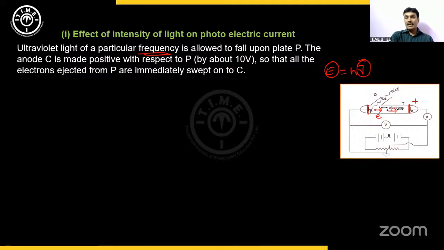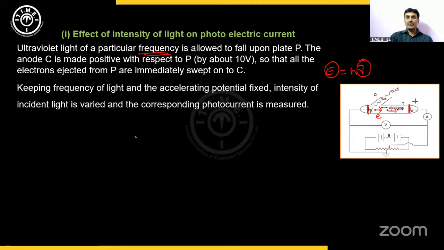Now, what is the effect of intensity? That's what we're going to discuss. To understand the effect of intensity, keep the frequency and accelerating potential fixed. Fix the potential difference between the metal plate and the collecting anode. Also, fix the frequency of the incoming radiation.